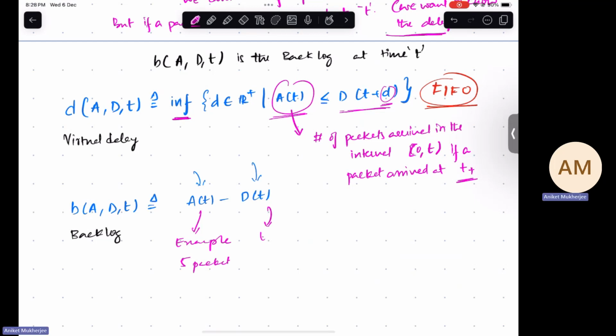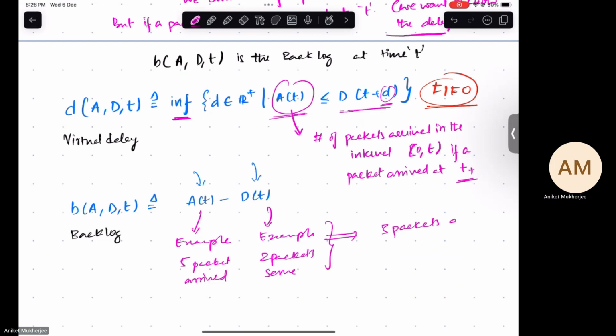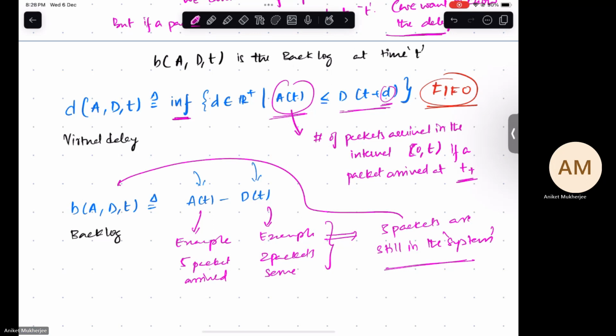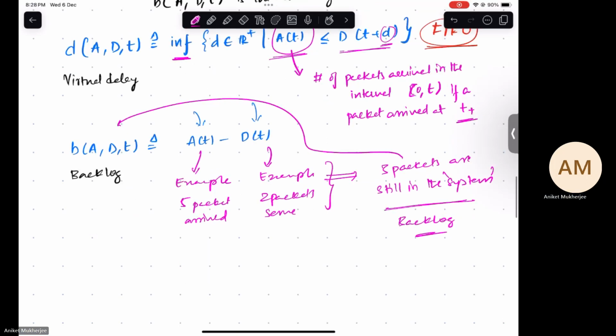But only 2 packets have been served. What does this imply? This implies that 3 packets are still in the system. And when I say they are in the system, they are in the backlog. So that is the backlog that the system faces. It is simple.